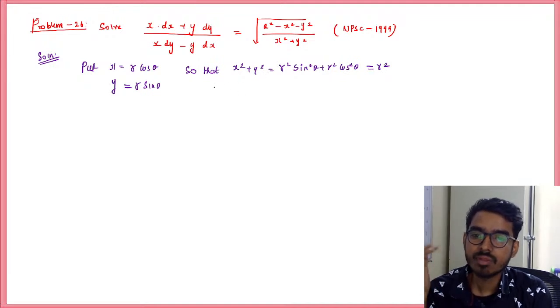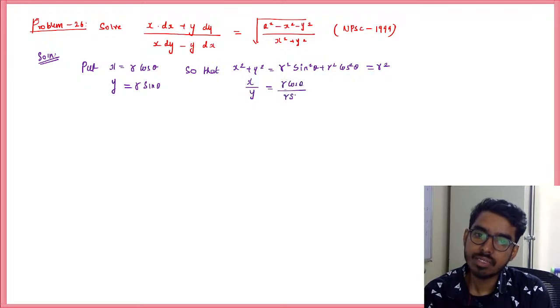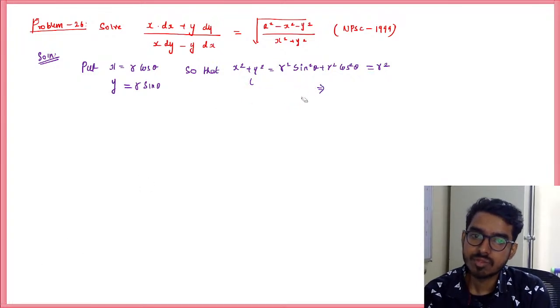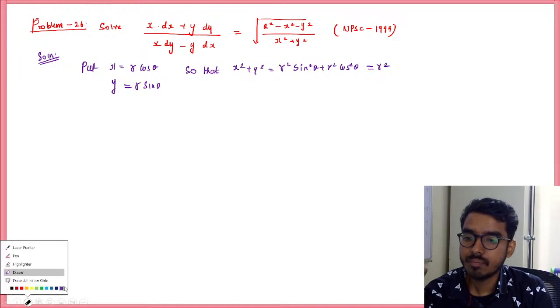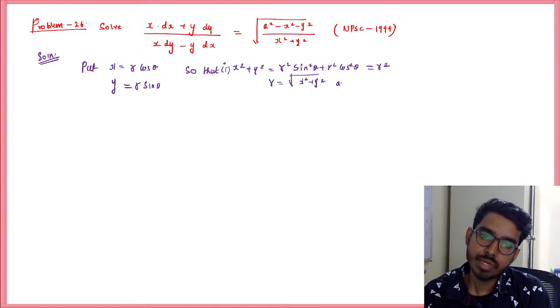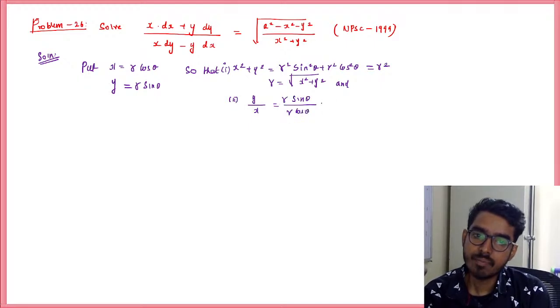And y by x is r sin theta by r cos theta, which is tan theta, so theta is tan inverse of y by x.